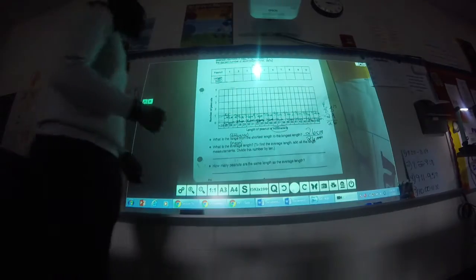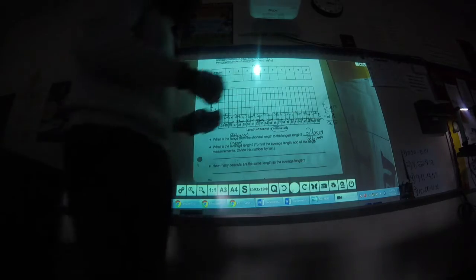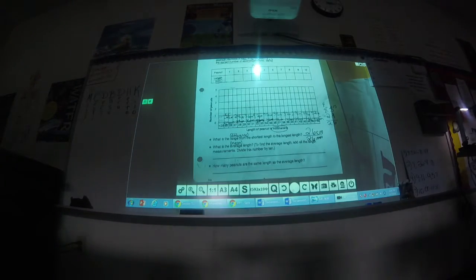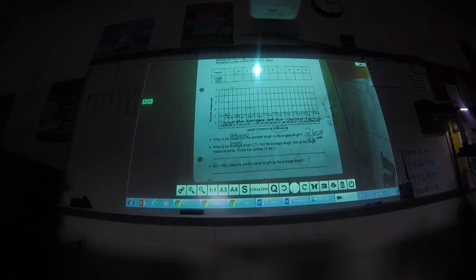All right, so now it says find the mean or the average. So what does that mean? Good job, we have to add up all of those numbers.